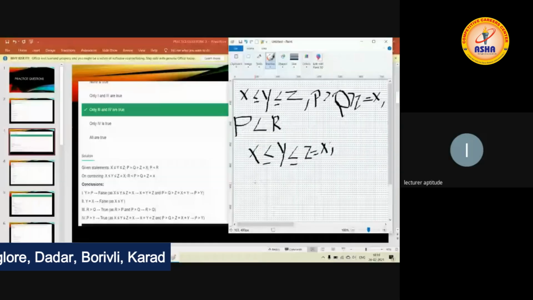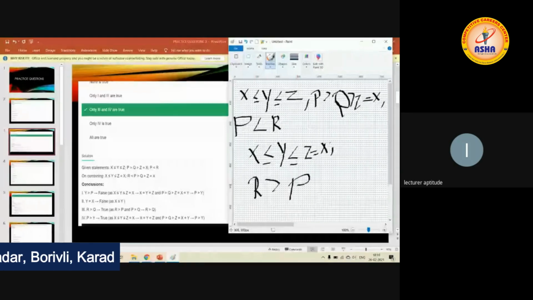Next, you have to combine like r is greater than p is greater than q is greater than z, that is equal to x.